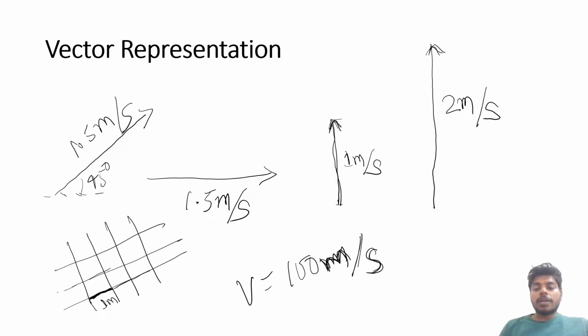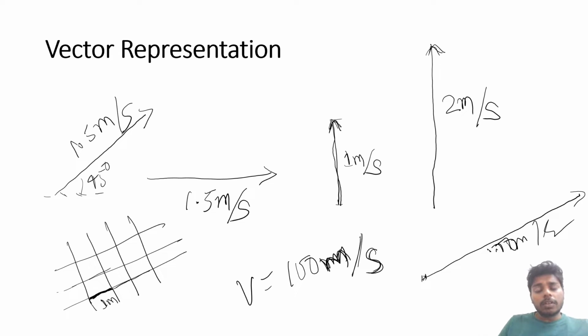If you want to draw 100 meter per second, we will scale this much of length to 1 meter, and if it is drawn a little longer, it will be around a 100 meter per second velocity vector. So that is how we do scaling.